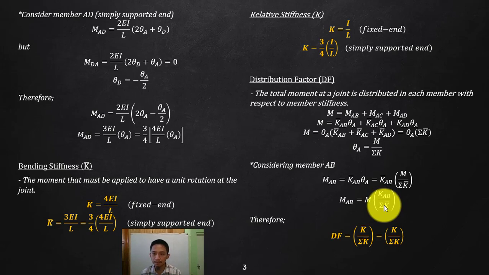That is the meaning of that. Or that is just the ratio or the fraction of its member stiffness with respect to the total stiffness of all the members on the joint.